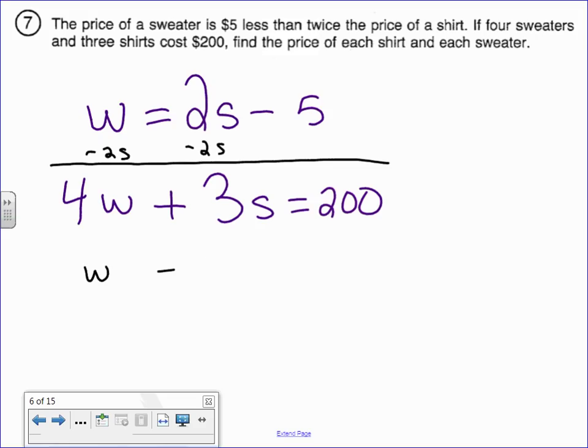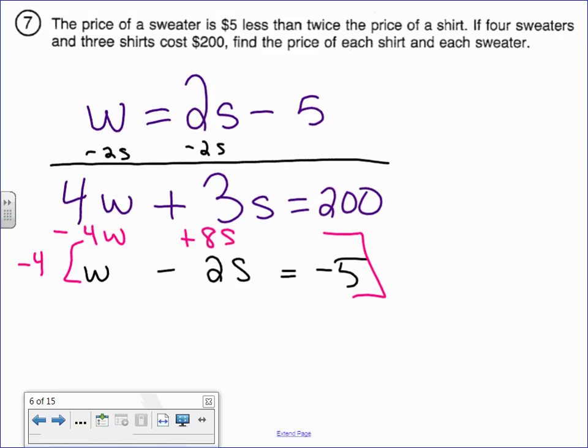Y minus 2s equals -5. And everything's lined up for elimination. I would, however, need to multiply my bottom equation through by a -4. So that would give me, and I'll write it right here in pink, -4y, positive 8s, and positive 20. And now we're ready to add straight down.